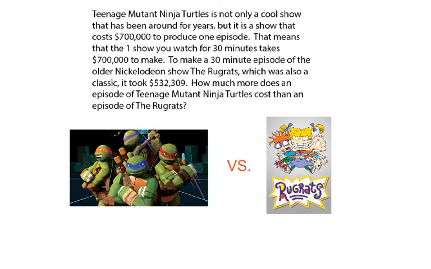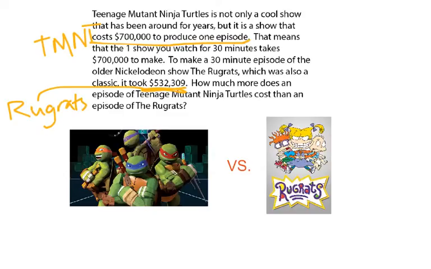Ooh, this is a fun question. So, they gave us some information. They told us the cost of producing one episode of Teenage Mutant Ninja Turtles. And then they gave us the information of producing one episode of the Rugrats.